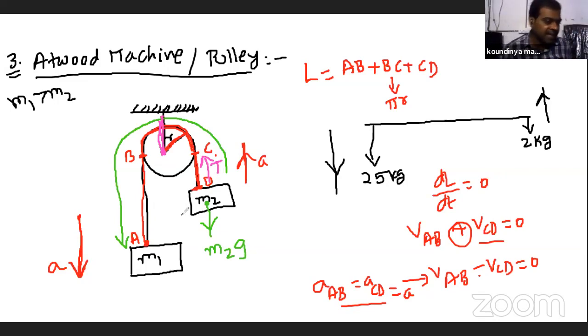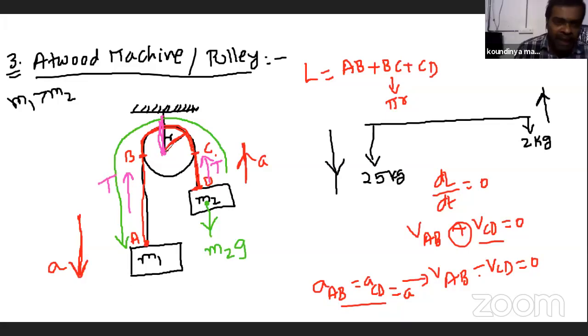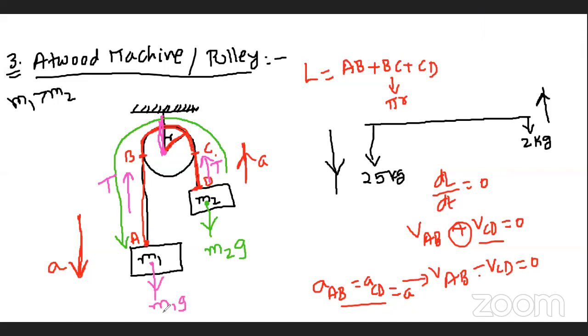Tension for one string will be equal. So here also tension T will act towards the point of suspension of the pulley. Vertically downwards from the center of mass of the object we have the weight M1G.